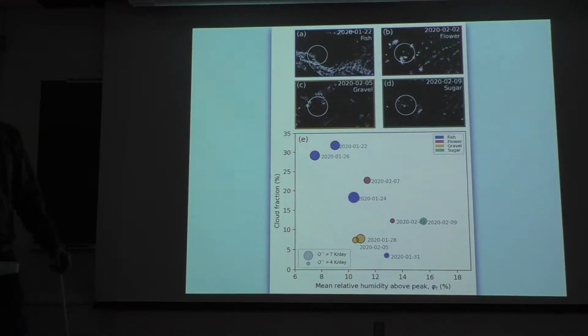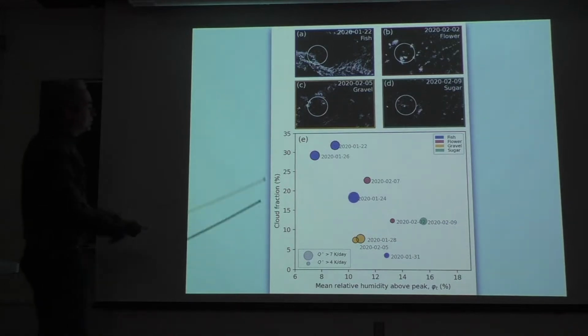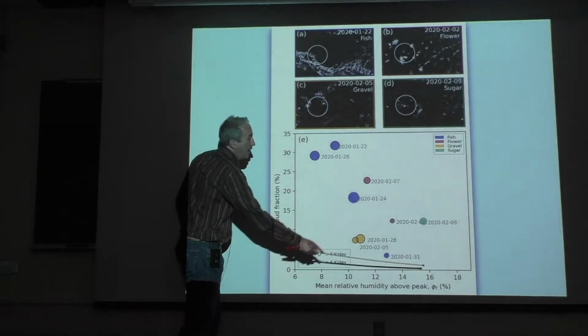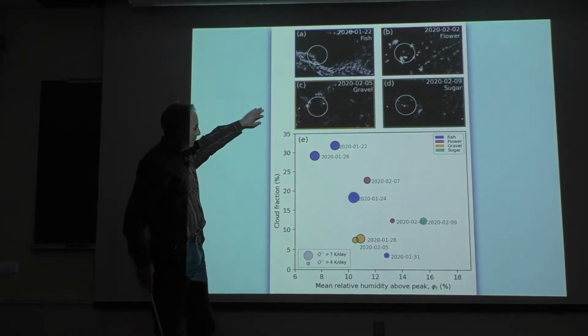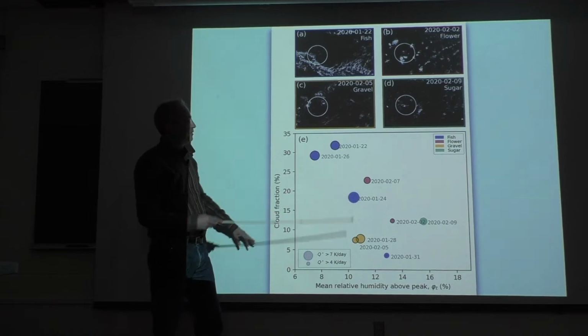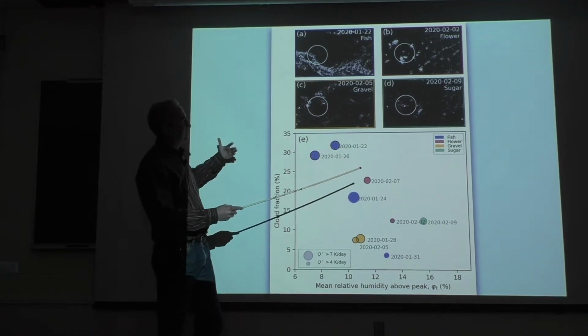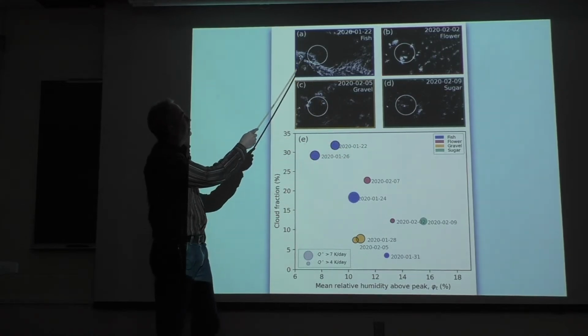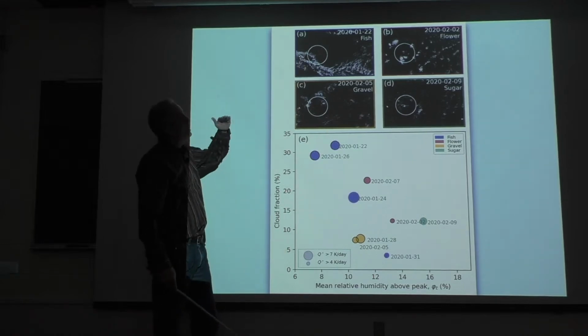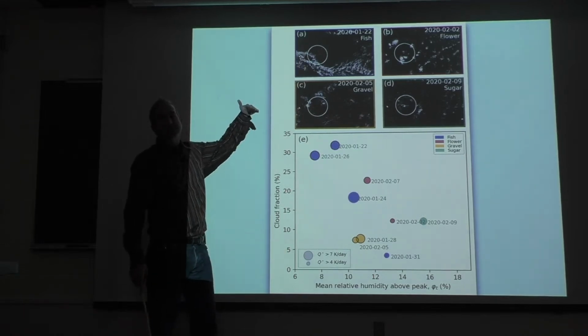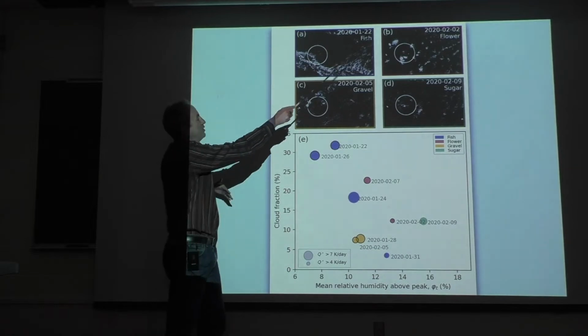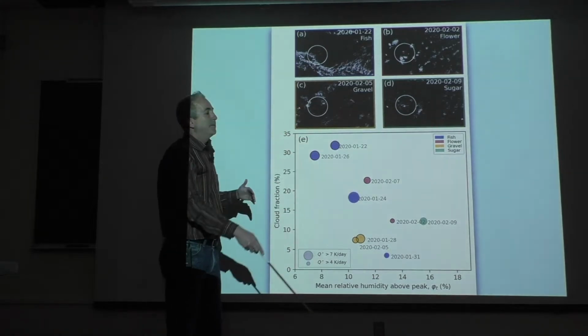Yeah. And maybe this is the link. If you look here at the mean relative humidity in the free troposphere, against here the cloud fraction. And this is really just meant to tease you a little bit. During EUREC4A, we were thinking about the organization of clouds in terms of these four flavors, these fish and flowers and gravel and sugar.